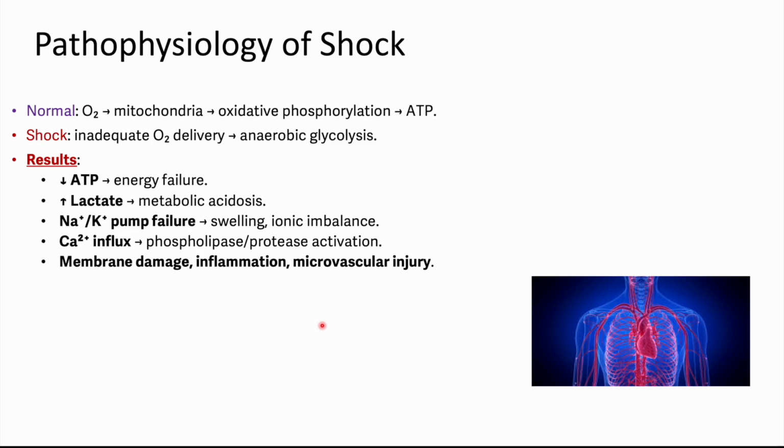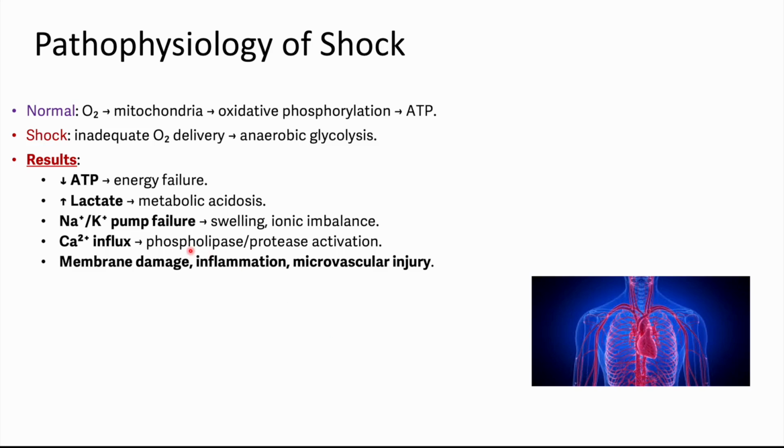So, in shock, the ATP generation fails, and the cells are forced into anaerobic glycolysis, producing lactate with ATP depletion. So this ATP depletion leads to sodium pump ATPase pump failure. Then there will be ionic imbalance, and this leads to cellular swelling.